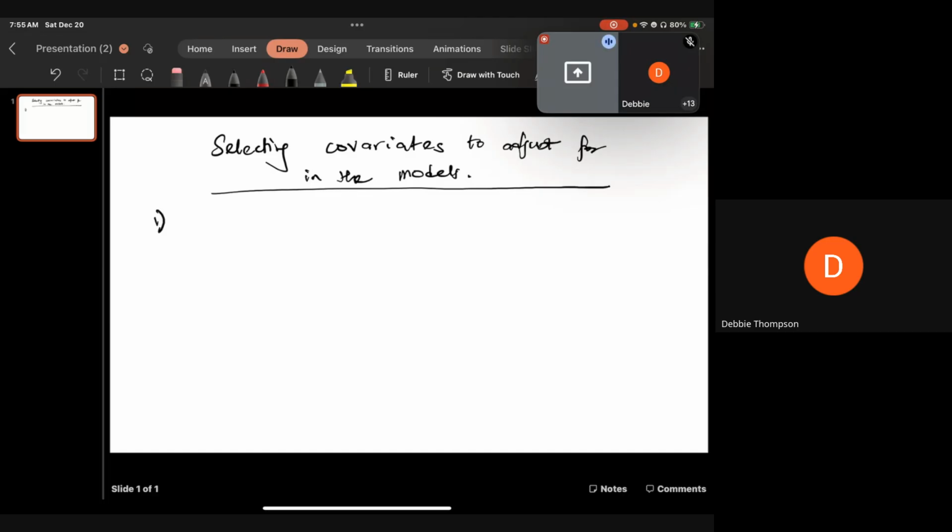One is statistical, and two is based on subject matter.